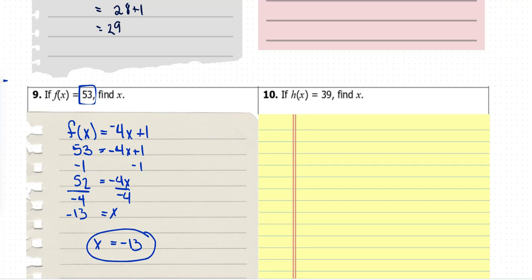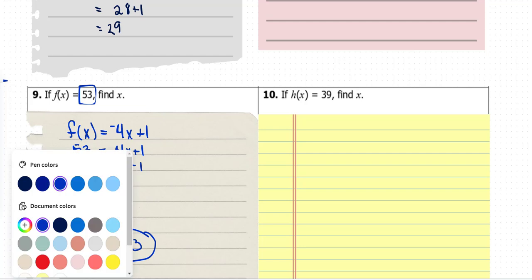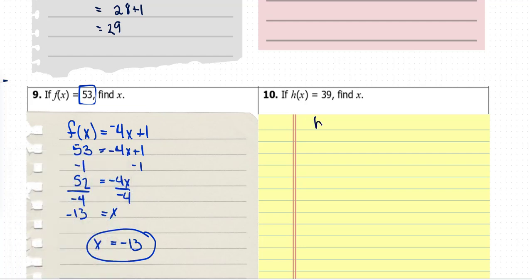So let's now take the next problem. So we have to work with our h of x formula this time, which is our absolute value of 9 minus 3x. So this time it tells us 39 is equal to 9 minus 3x. And for rewriting purposes, I'm going to go ahead and rewrite it to where 9 minus 3x is on the left, because that's the way we're most familiar with it.